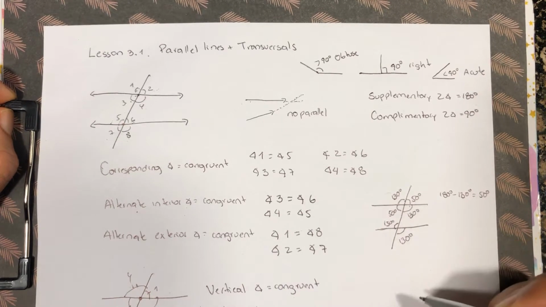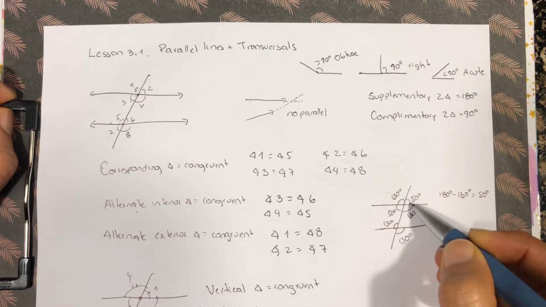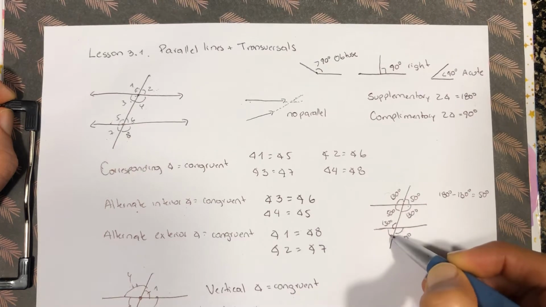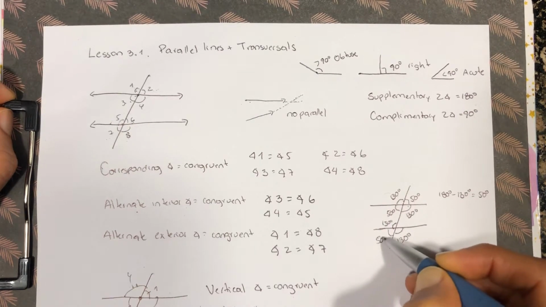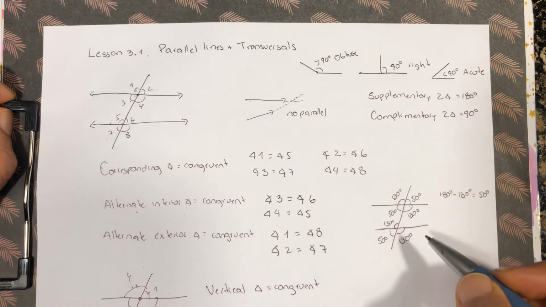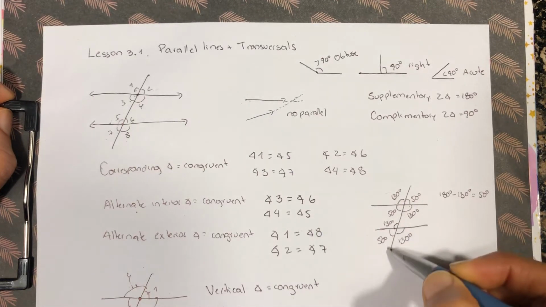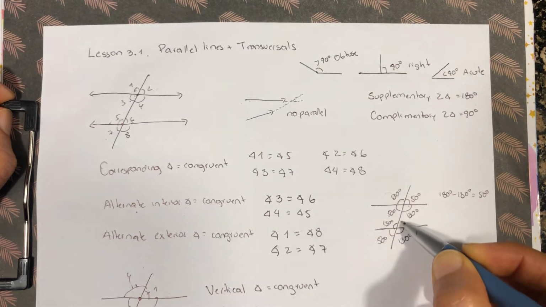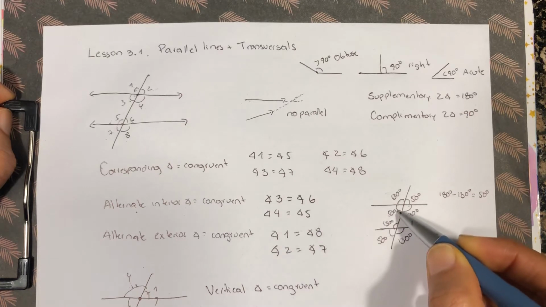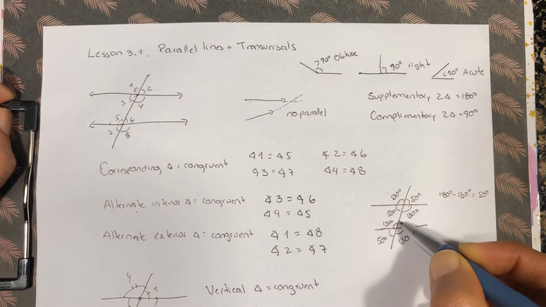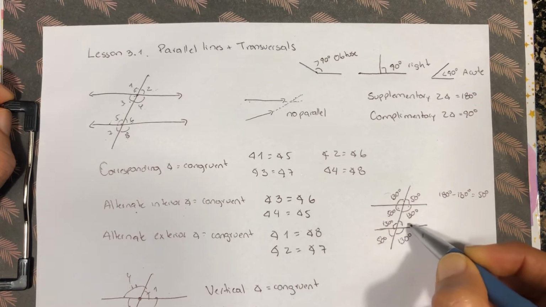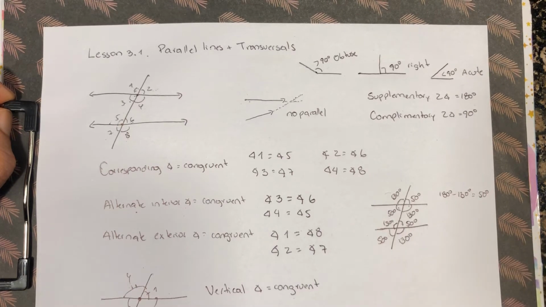See? And therefore it's 130. And this other exterior needs to be the alternate exterior, so this is 50. And 50 and 130 are supplementary. And over here I can say because they are alternate interior angles, this and this need to be 50. So given one angle, you can find out the rest of the angles.